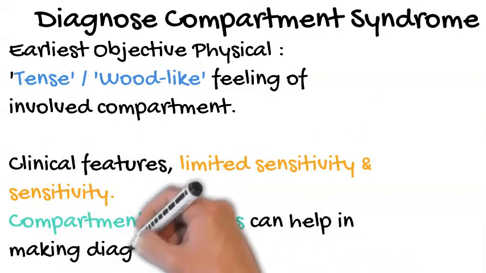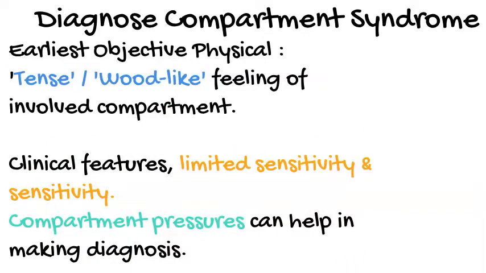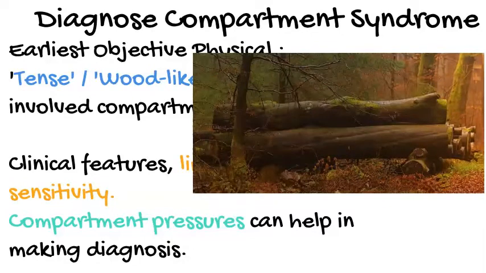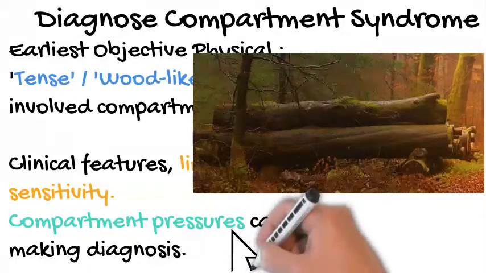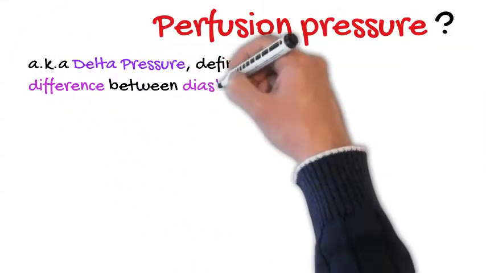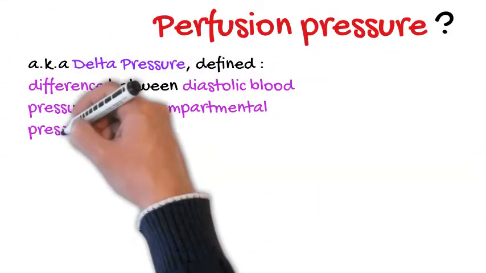Although clinical features are helpful in identifying the compartment syndrome, they have limited sensitivity and specificity. Other factors such as compartment pressure can help in making the diagnosis. When pressure is measured, delta pressure is more useful.